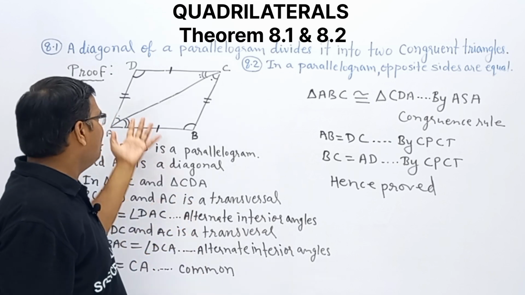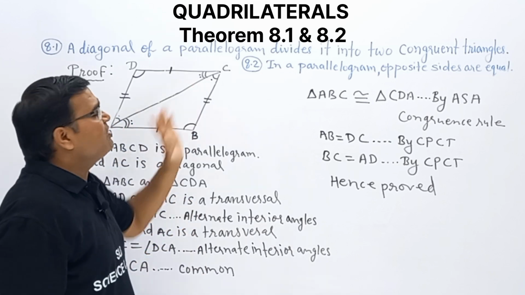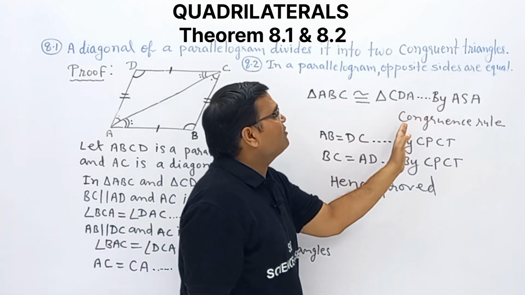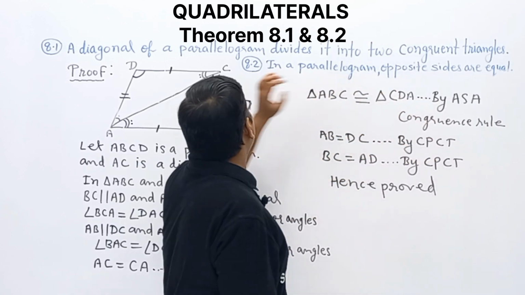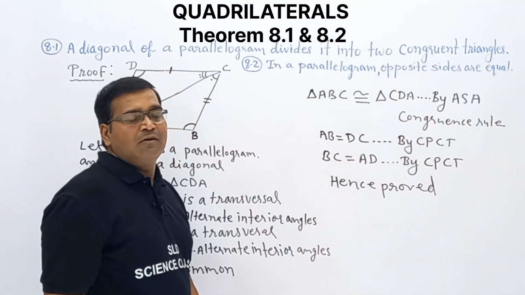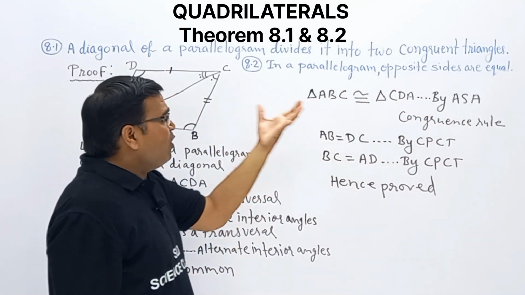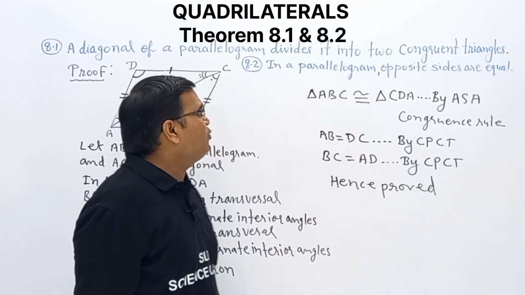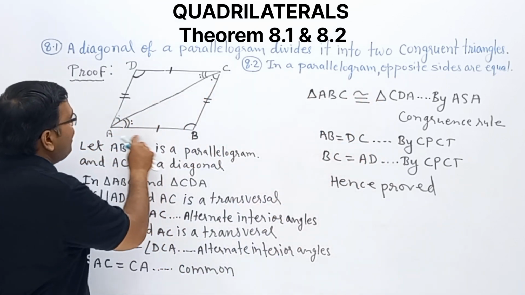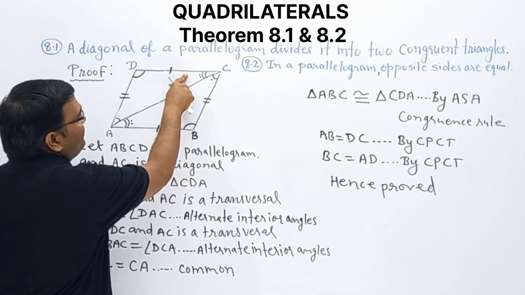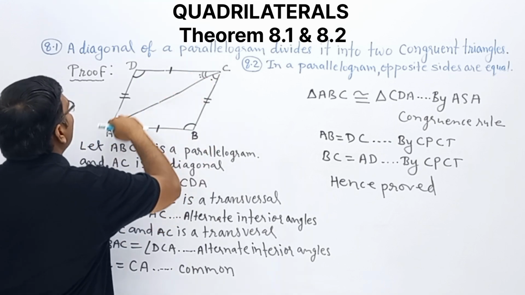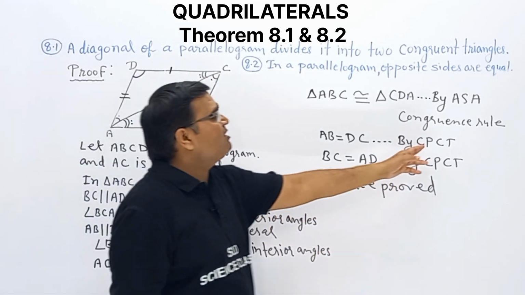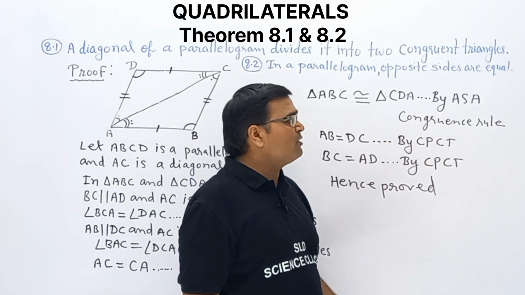By using this condition we are proving. And this one is the common. So angle side angle congruence rule we proved. Both triangles are congruent. Once we obtain that the two triangles are congruent, then the corresponding parts will be equal. So automatically AB side will be equal to CD and BC side equal to AD by CPCT, corresponding parts of congruent triangles.